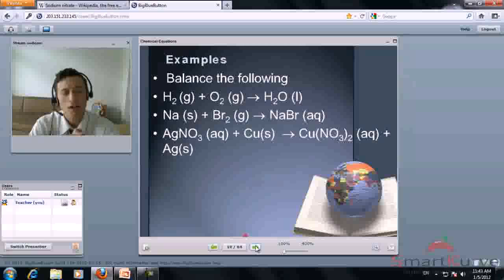To understand why, remember our lesson on ionic and covalent bonds when we learned about the periodic table. Remember, hydrogen's atomic number is 1, meaning that it has 1 proton and 1 electron.